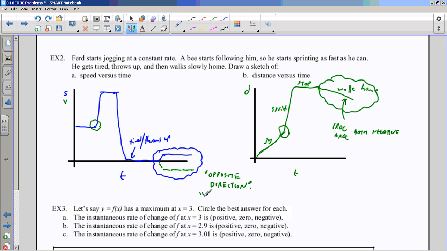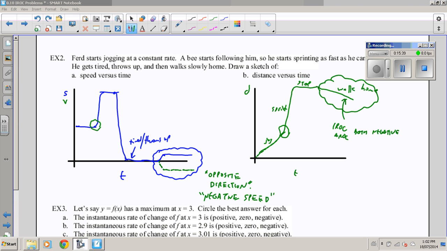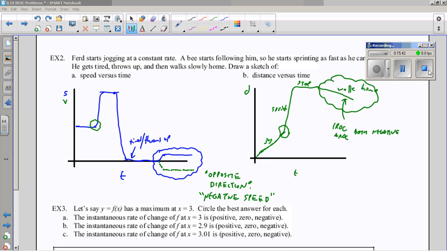I would accept both of these graphs, whether it was positive or negative here. Probably the negative makes more sense because the IROC and AROC would be negative there. Out of time. I'm going to probably have to pause and do part two. Yep, pause, part two, coming up shortly.